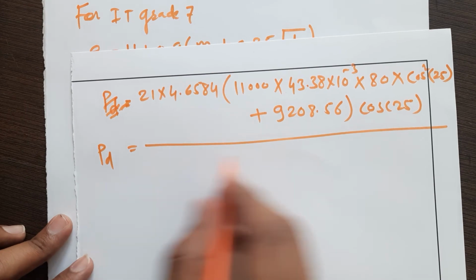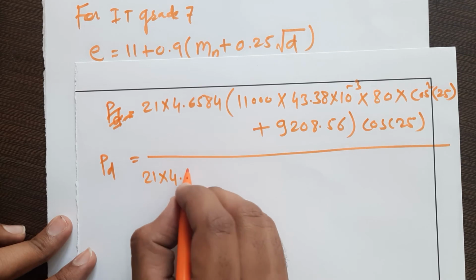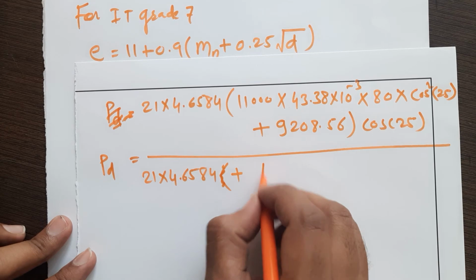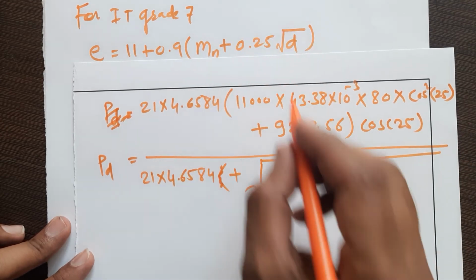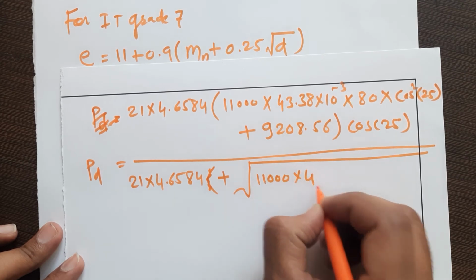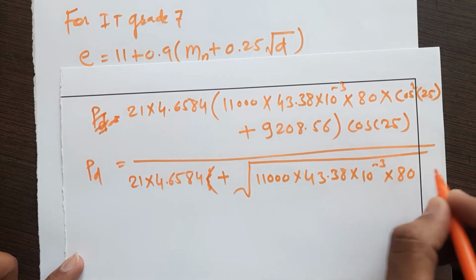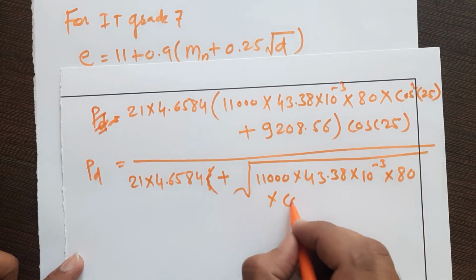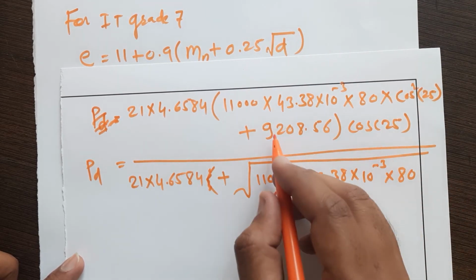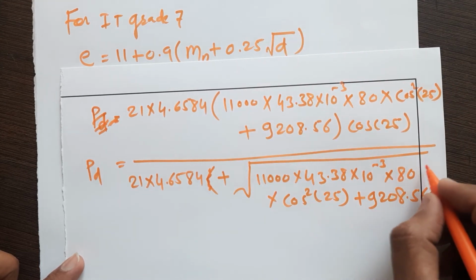PD is equal to this, divided by again 21V. So 21 into 4.6584, plus under root CEB cos square psi: C is 11,000, E is 43.38 into 10 raised to minus 3, into 80 into cos square 25, plus PT max, which is 9208.56.